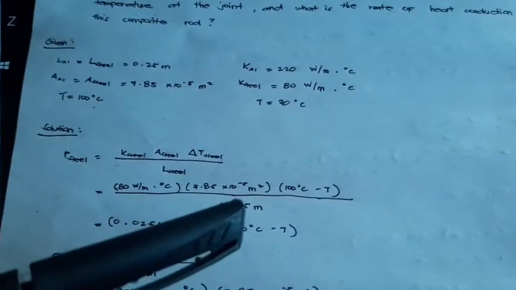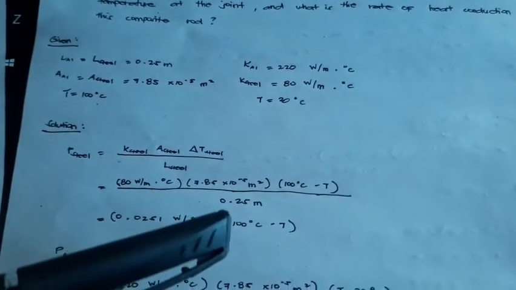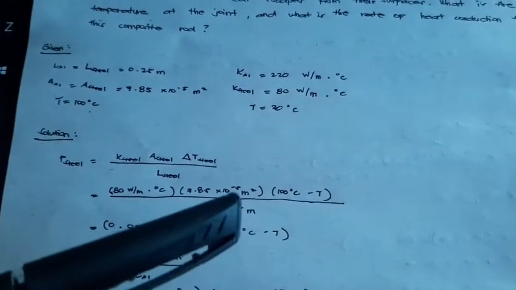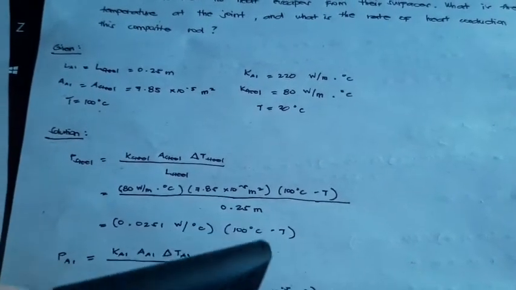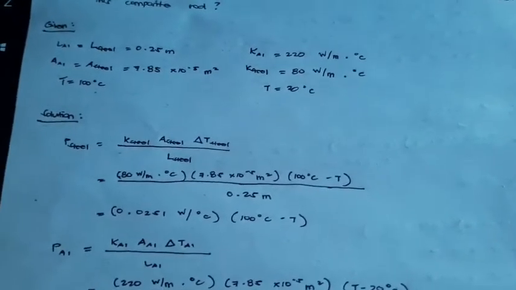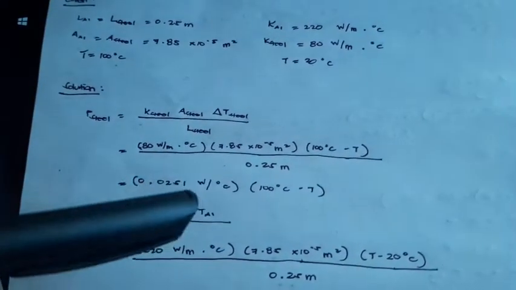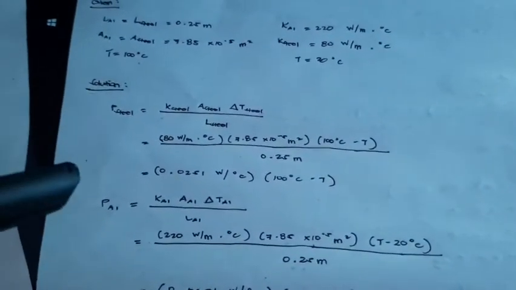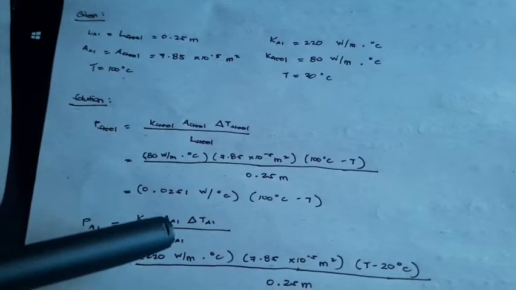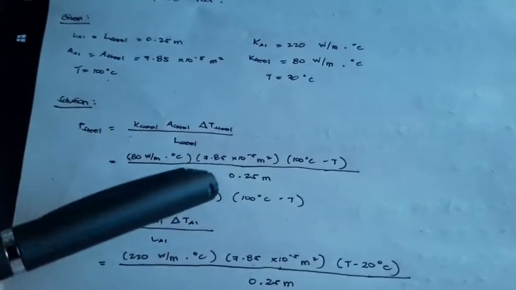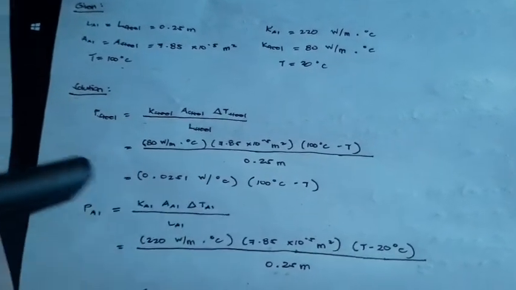Then the temperature at the hot end is equal to 100 degrees Celsius minus T, over the length of each rod, which is equal to 0.25 meter.